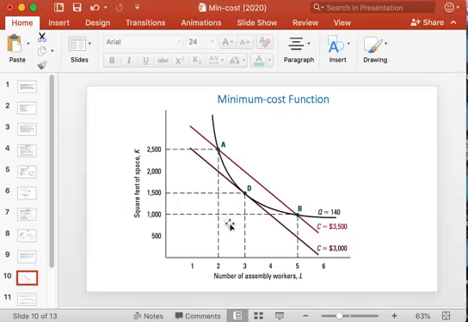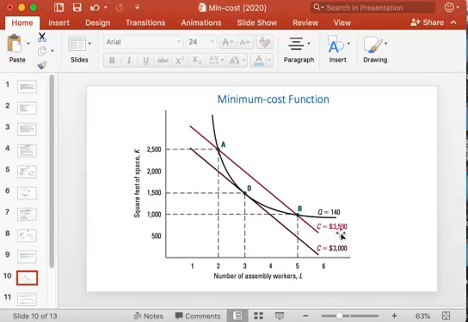If you remember, an isocost line placed above this isocost line has higher total cost.